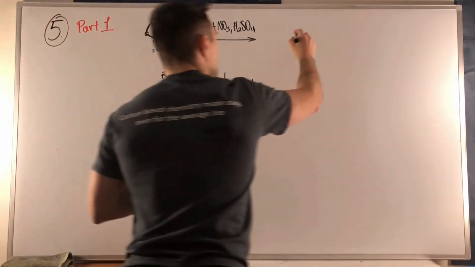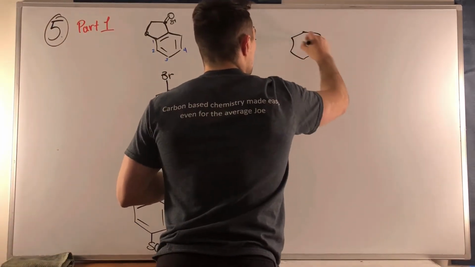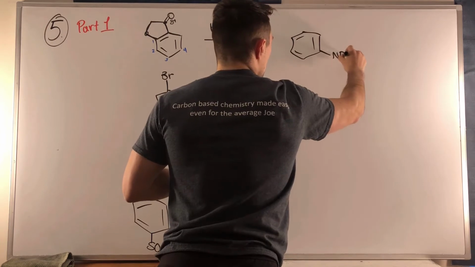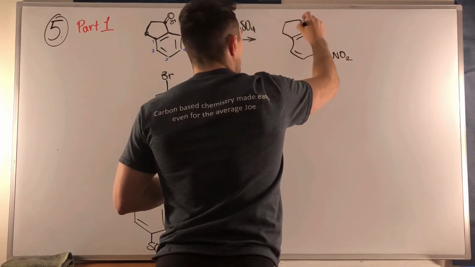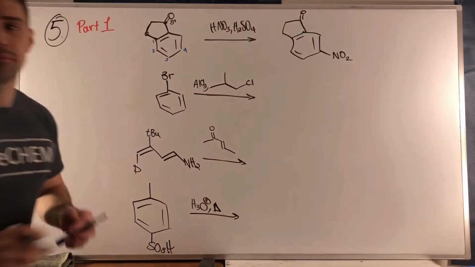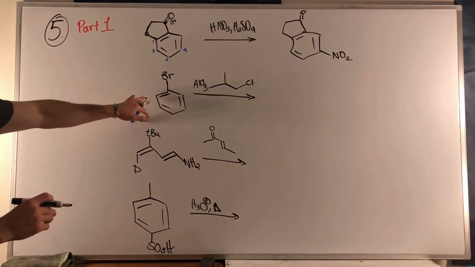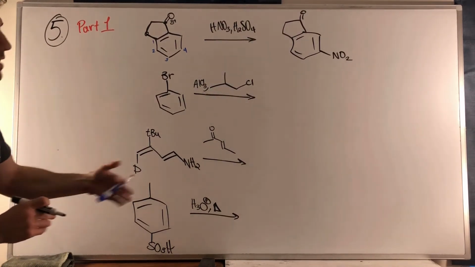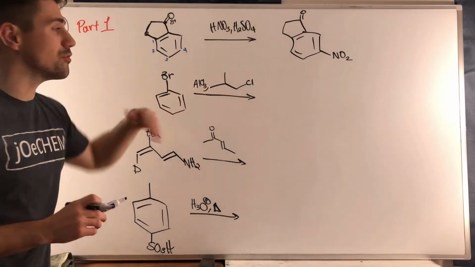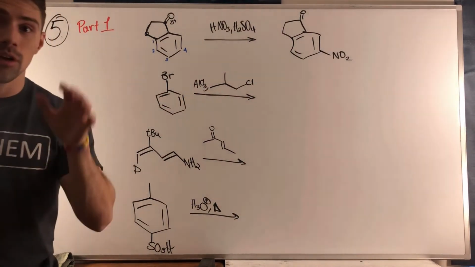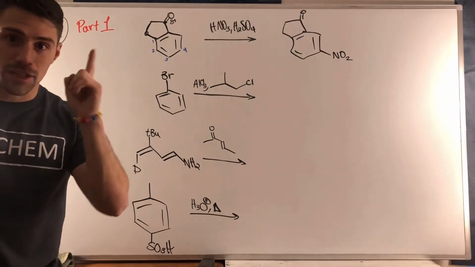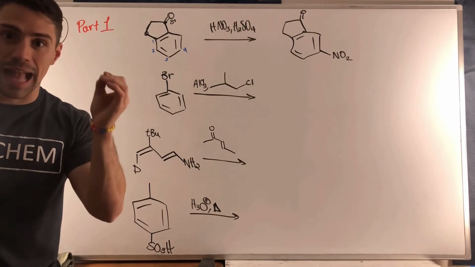So our product looks like this. Okay, that's the nitration. Then down here we see we have bromobenzene and the reagents for a Friedel-Crafts alkylation. Now remember, when we alkylate, our carbocation shift hats need to be on.